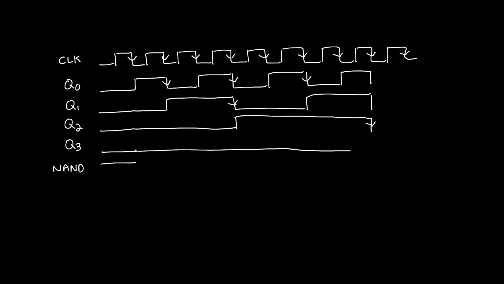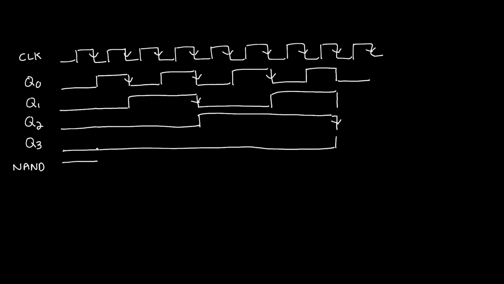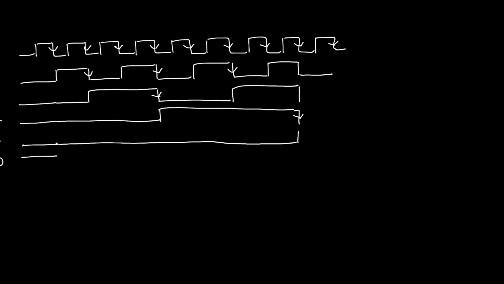And then what's going to happen over here? Q3 is going to go high. I can actually continue my diagram a little bit longer for another clock cycle or two to see what happens.